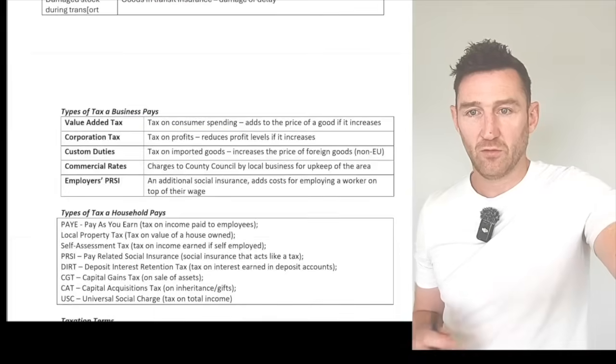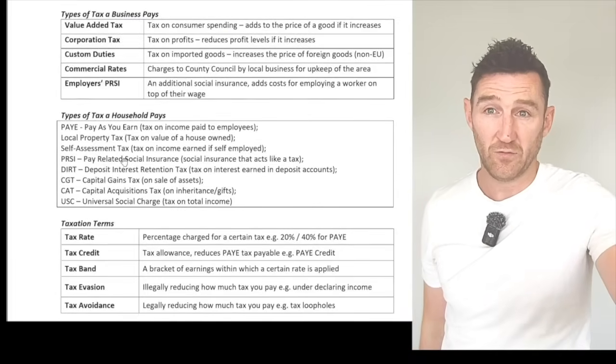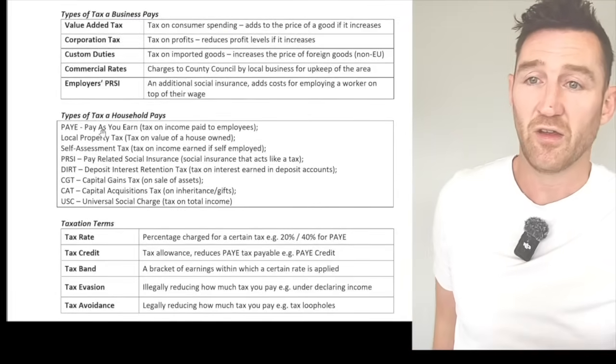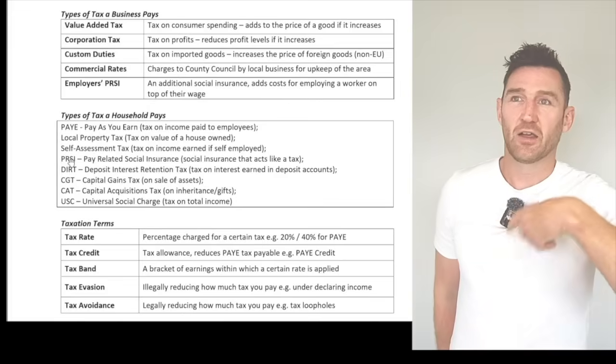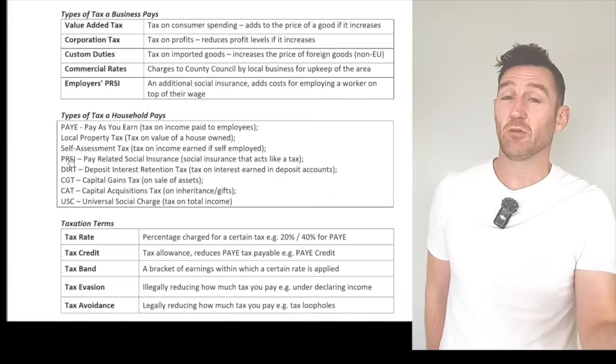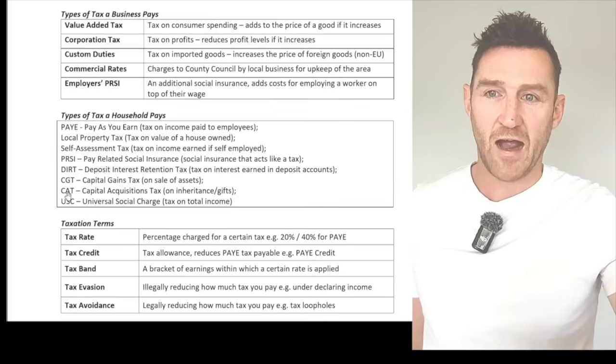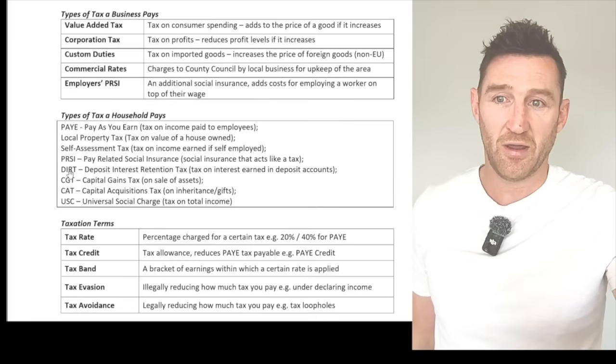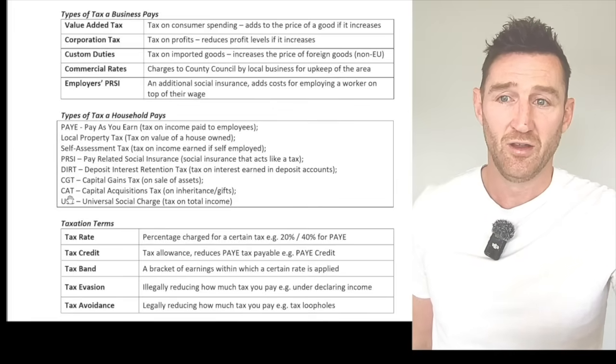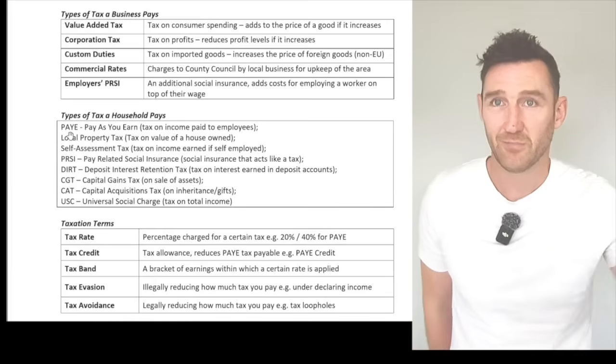Types of tax a business pays, all this stuff is really important. Types of tax a household pays. Like I said a second ago, tax is a really common short question, and you can see why. Acronyms are pretty much a guaranteed short question, so it's perfect fodder.